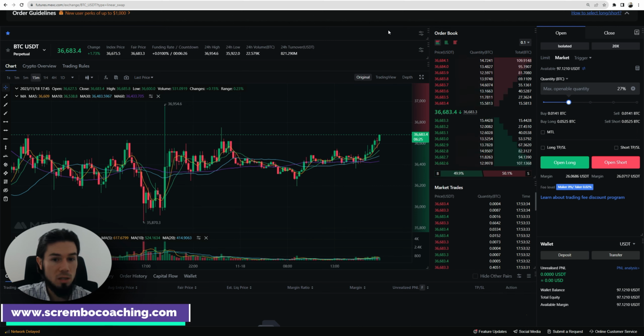That specific margin is isolated in the trade and it's only dedicated to that trade. If the trade gets liquidated, because the market goes against your position and you don't exit earlier, so it touches the liquidation price, then you are going to lose the isolated margin you dedicated. Attention, please.